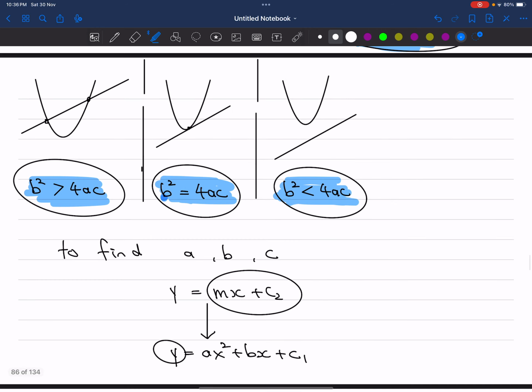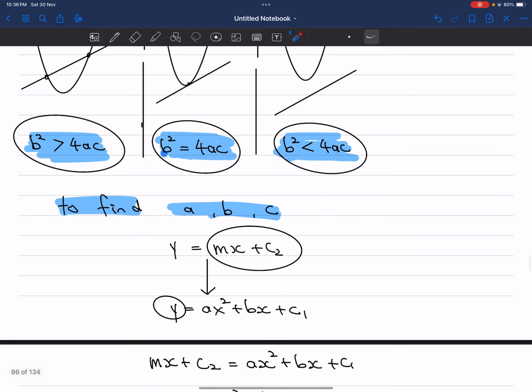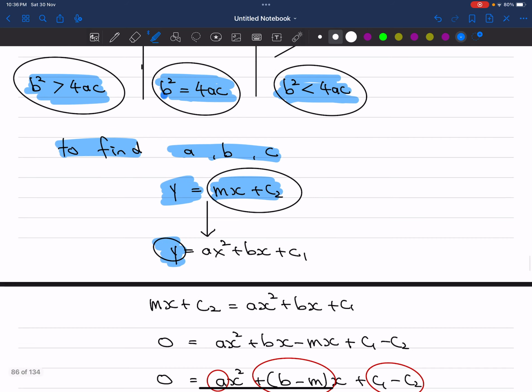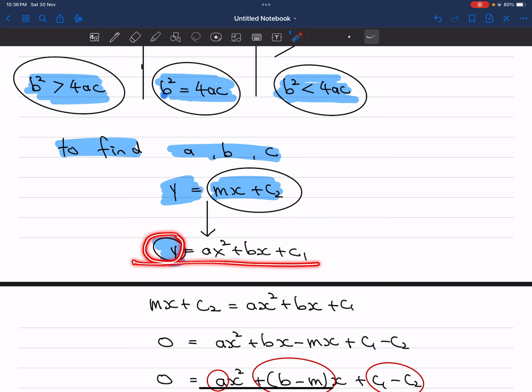Now the problem: to find the a, b, c for all these, you need to take the y of the straight line, which is mx plus c2, and substitute it in the y of the quadratic function.